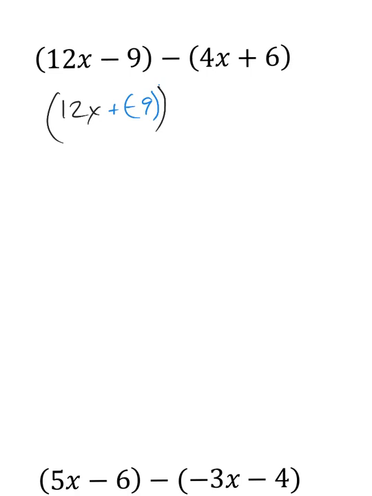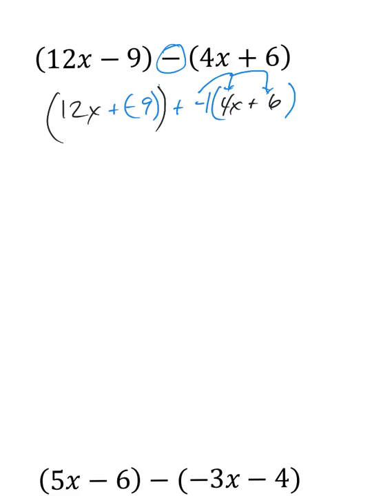And if I'm going to make this addition, then I've got to say it's plus negative of everything in here, which means basically what I've taught you is you would take a negative 1 and multiply everything in here times negative 1. So that means I'm going to take negative 1 times 4x and negative 1 times 6.